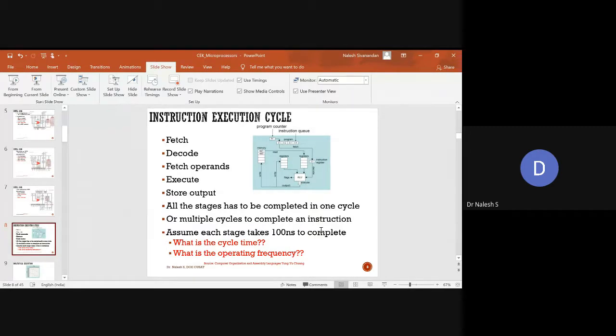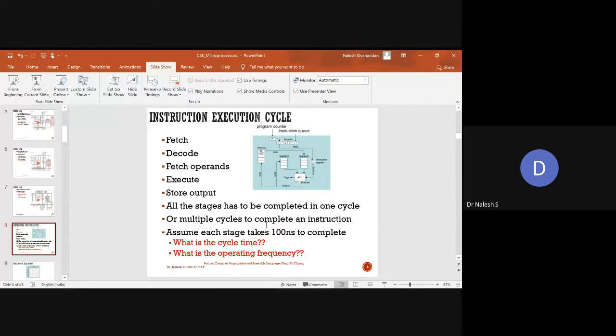If you want to complete the operation in one cycle, that one cycle has to be 500 nanoseconds, which means the operating frequency has to be, I think, 2 megahertz. So your operating frequency is 2 megahertz if you want the operations to be completed in one cycle. Or you can use 5 cycles to complete the operation. That is another option.